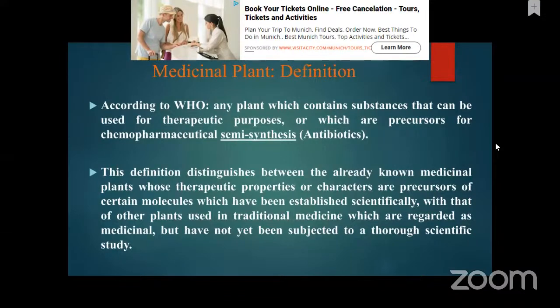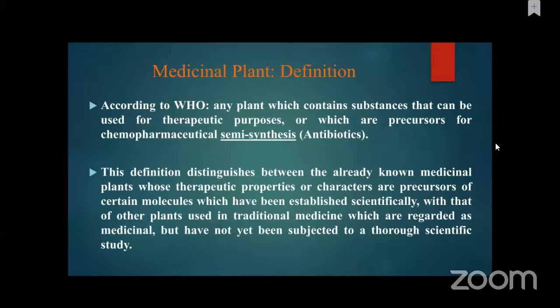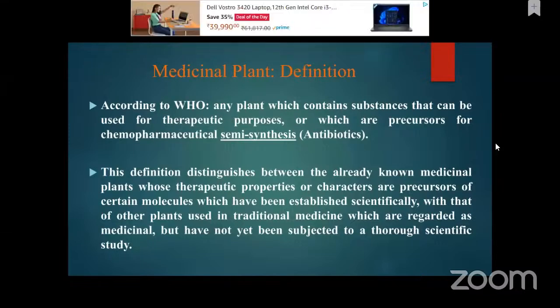So, what is the meaning of this paragraph? A few plants have already been studied, and their therapeutic applications and phytochemicals are known. If you keep those plants as a standard and you explore new plants, you identify new medicinal properties in them.